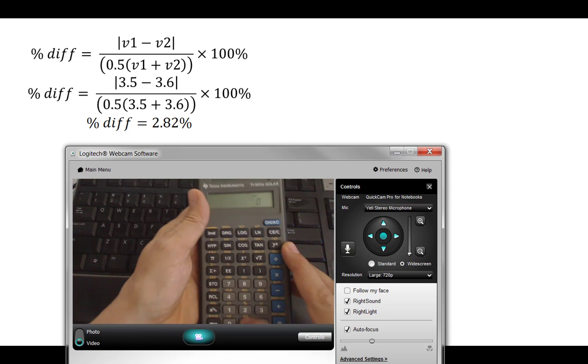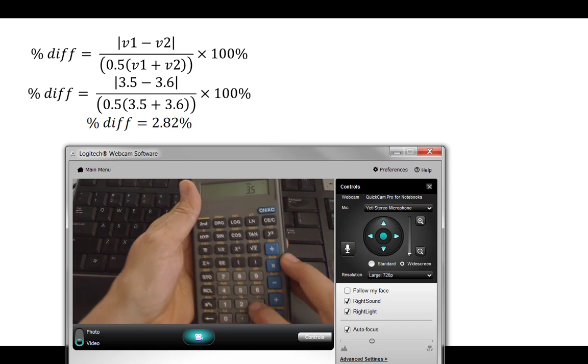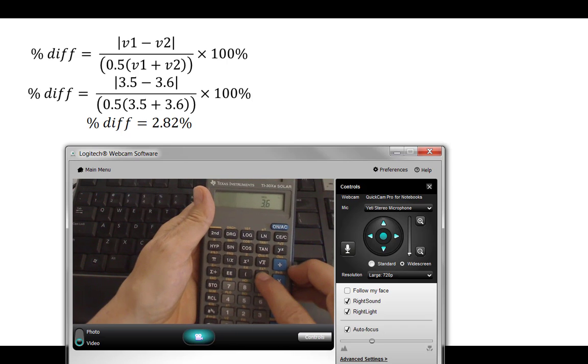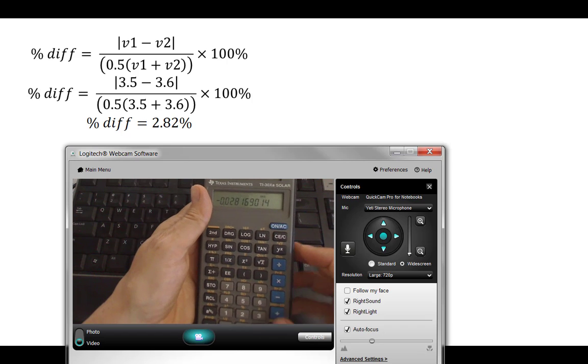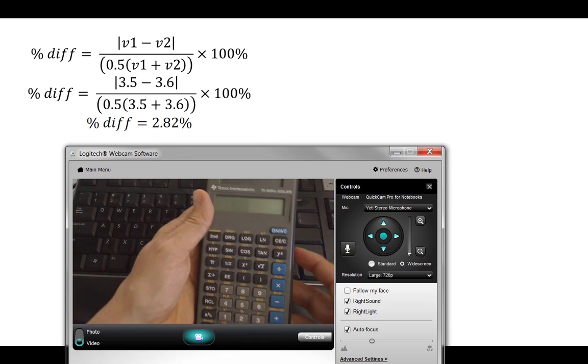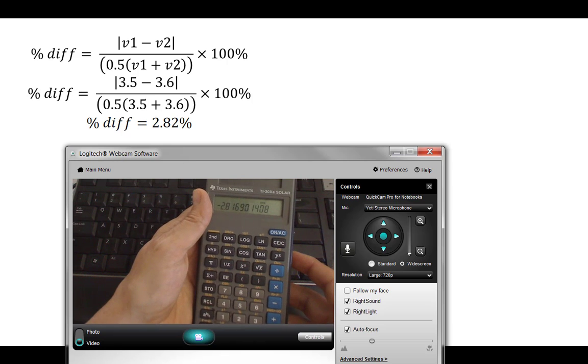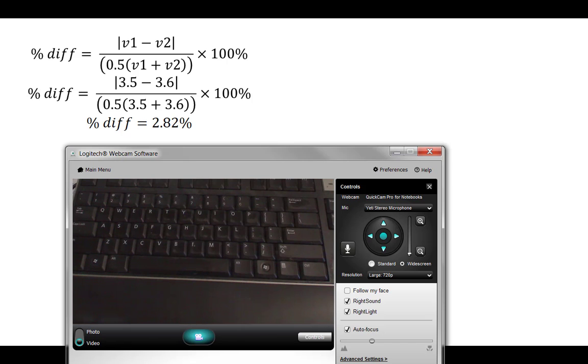Divide by, we need a parenthesis, 0.5, times another parenthesis, 3.5 plus 3.6. Close that parenthesis, hit equal. There's my 0.028, but remember I still need to multiply by 100. So there's my 2.82%. And all the other calculators are going to work similarly.